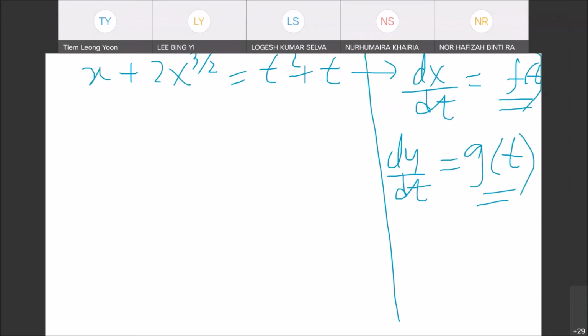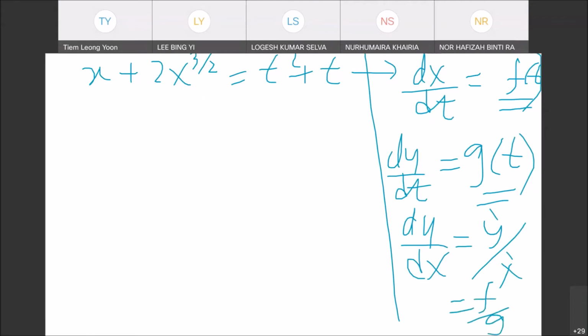So you get dy/dt, then dy/dx is just y dot divided by x dot, which are functions of t, so this would be f over g. Then you'll be able to evaluate the slope of the function at any point of t. I think that should not be difficult.